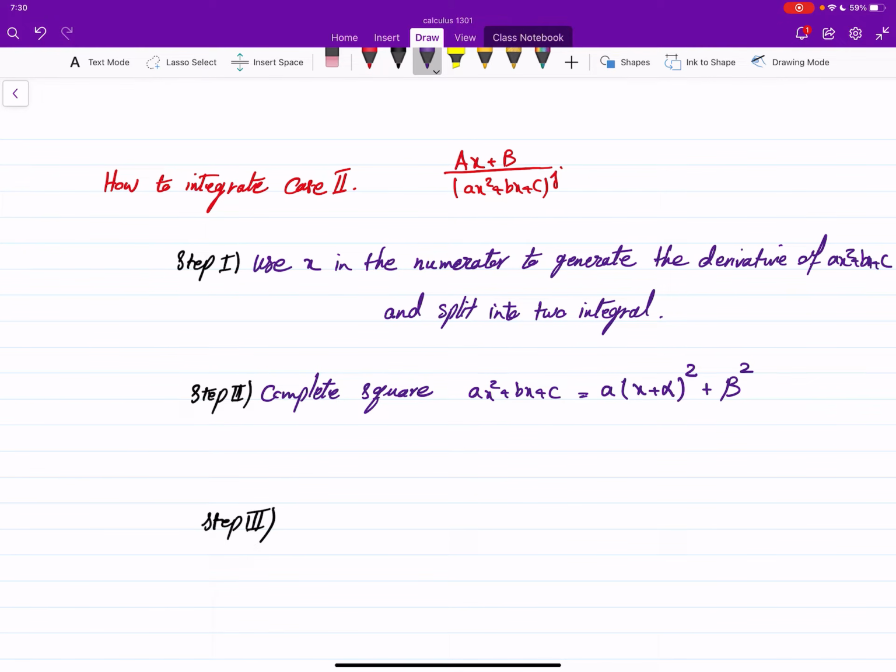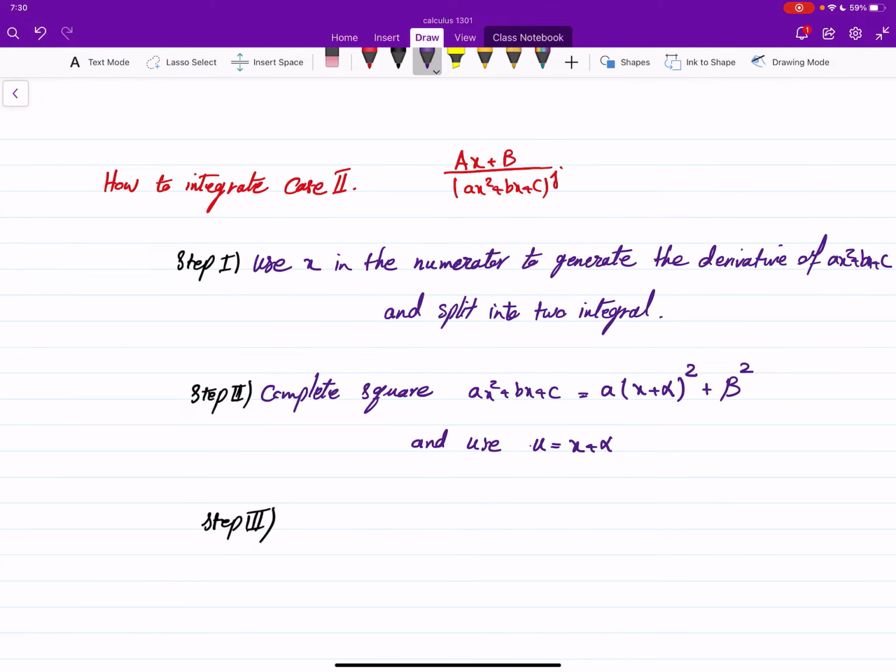That's completing the square, and it will get to that point all the time. And then use the substitution u equal to x plus alpha, that's constant.